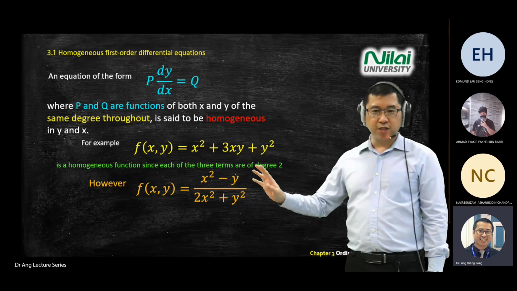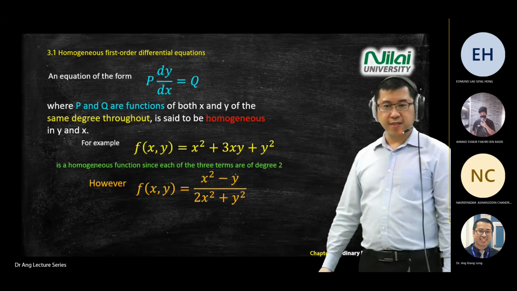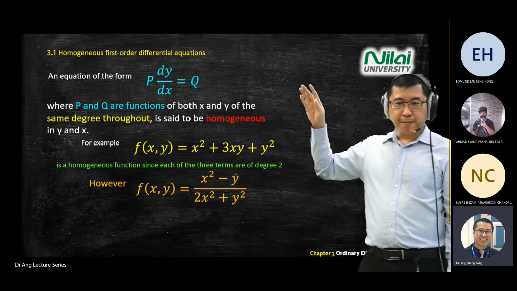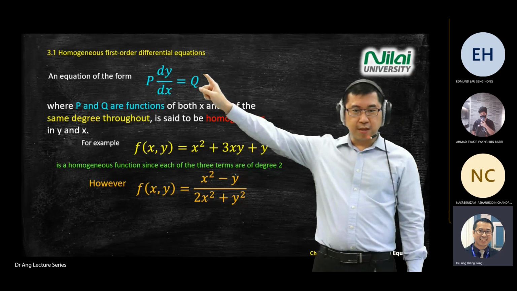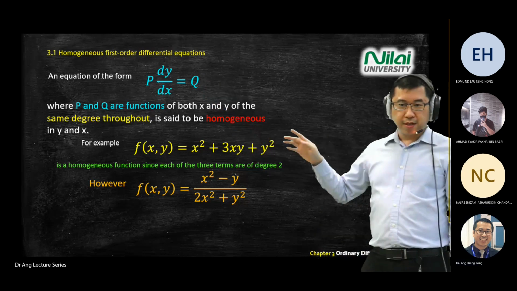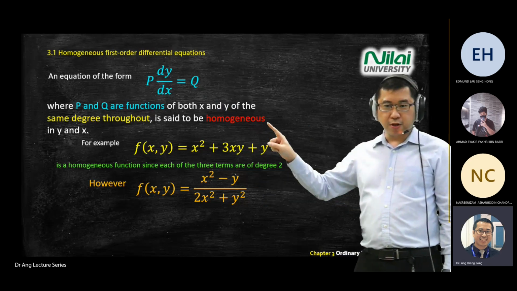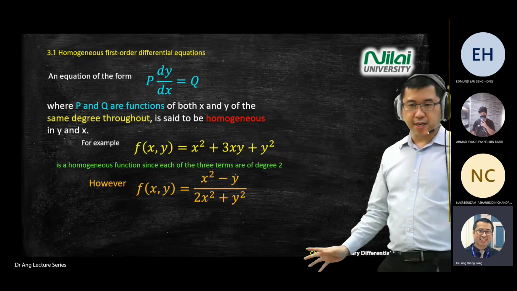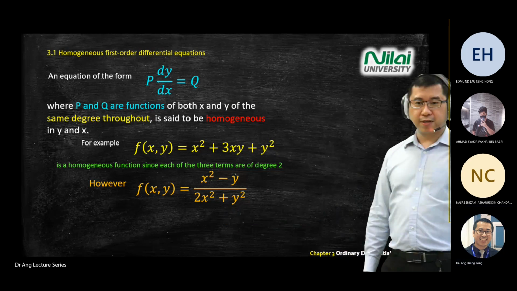So when it's not homogeneous, the equation in this chapter onwards, you cannot use. Again, I repeat. The method that we speak about in these slides onwards under 3.1, when you talk about homogeneous solution, if you see an equation that is not homogeneous, doesn't have the same degree, then the method cannot be used. You have to use another method that I'll teach you later.